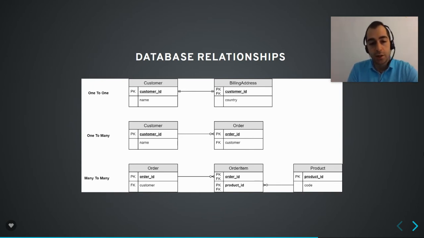Good. Then the other kind of relationship is one-to-many. So one-to-many is used, for example, when you have one customer, but he can place multiple orders, but an order is placed just by one customer at once. So this is really important because that's the one part. How is this modeled?